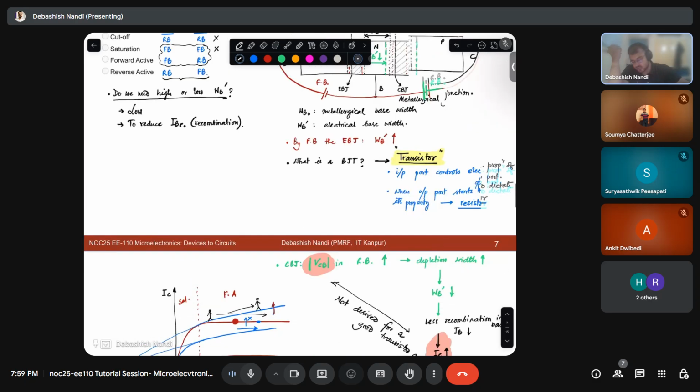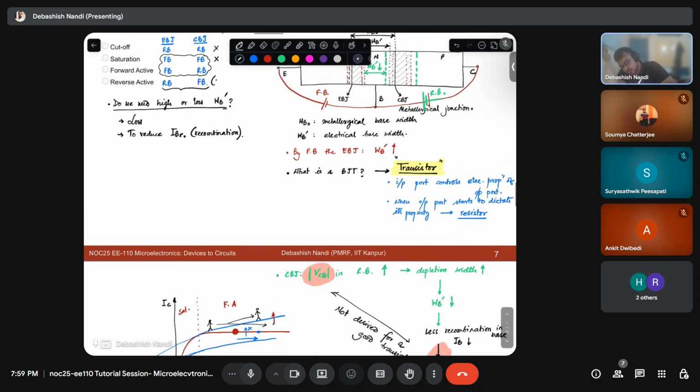That is why this is also not considered. So forward active is the mode where we should be very careful about the base width modulation.